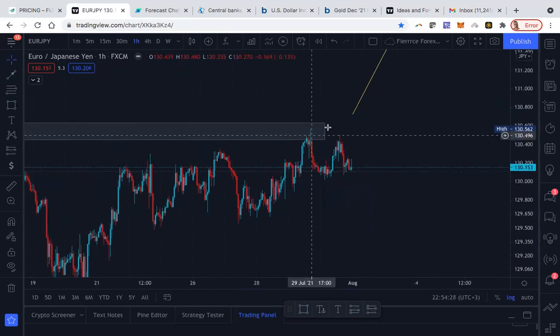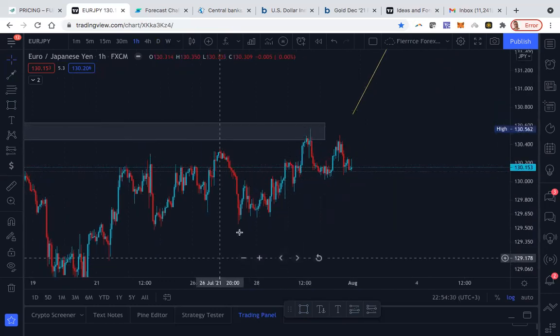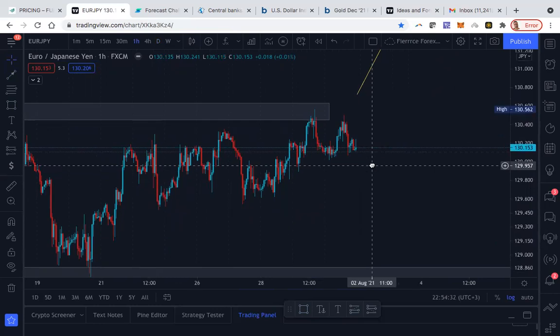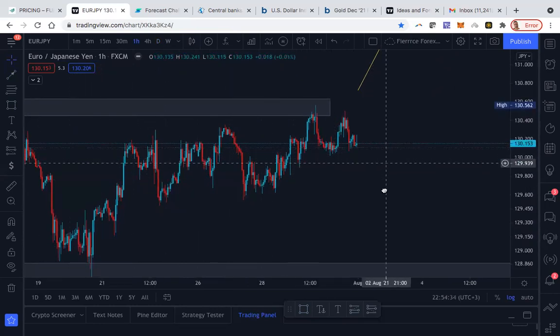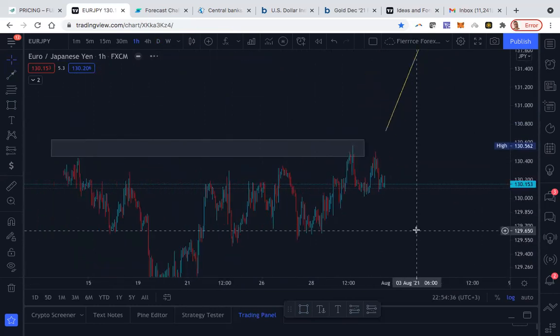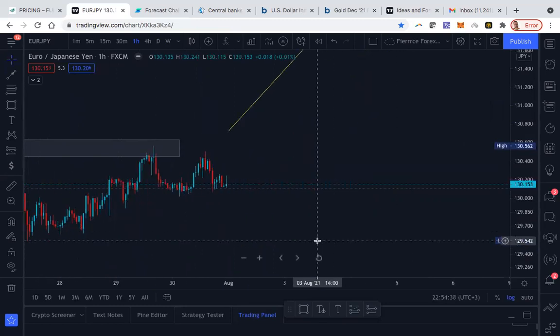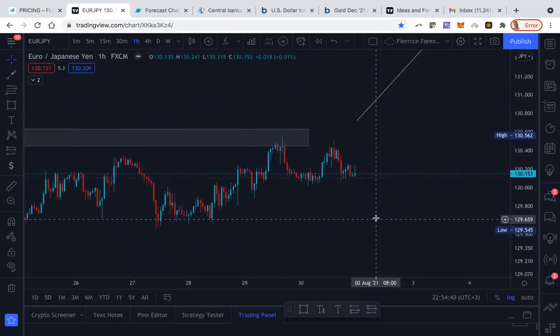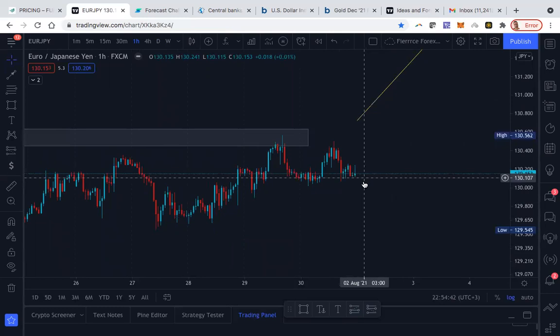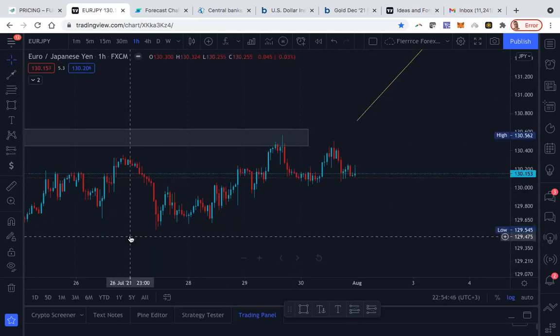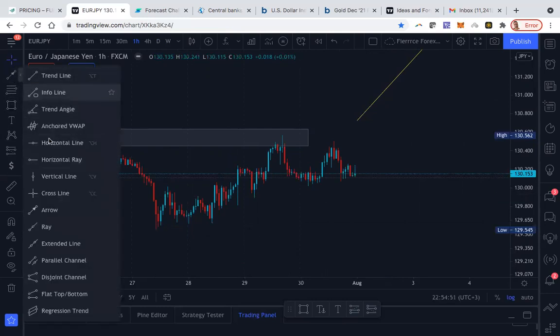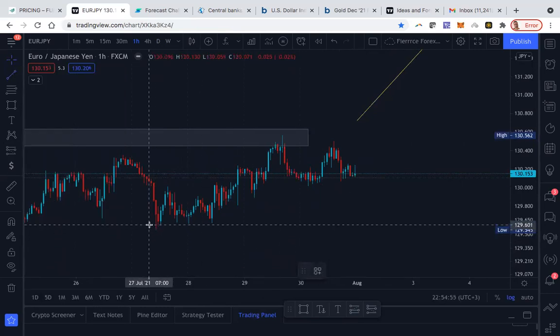So in as much as there's been rejection upside, we've actually been creating higher lows. Okay, so looking at this, we may possibly shift lower before we push up, but I'm bullish on Euro JPY.